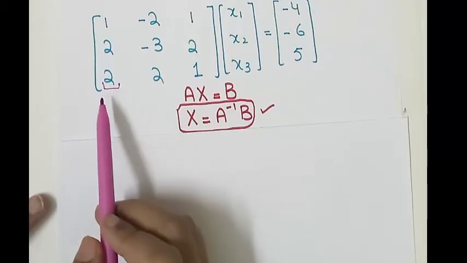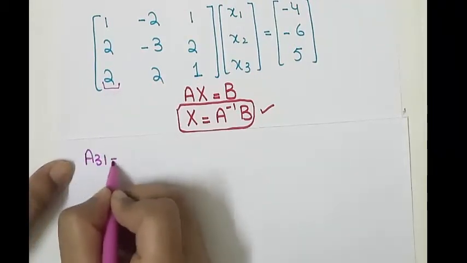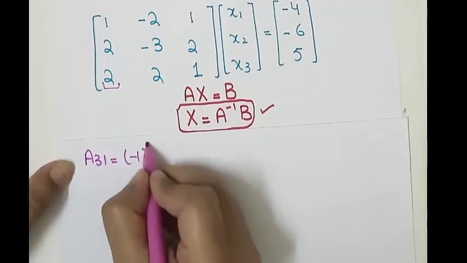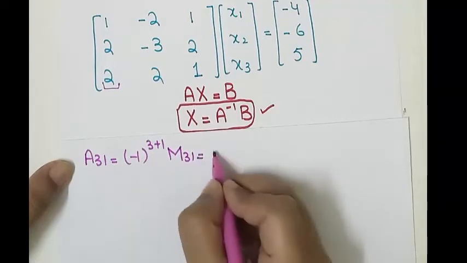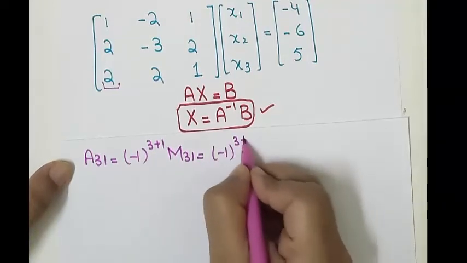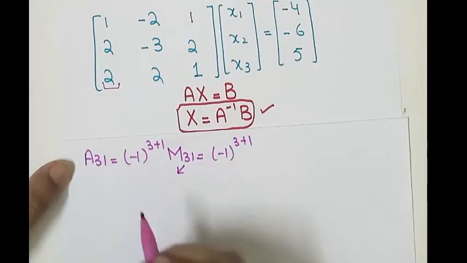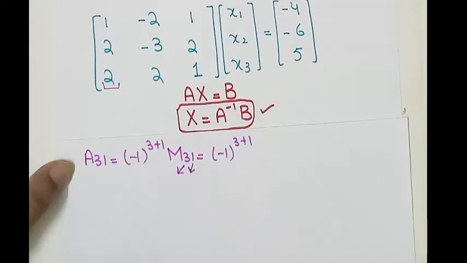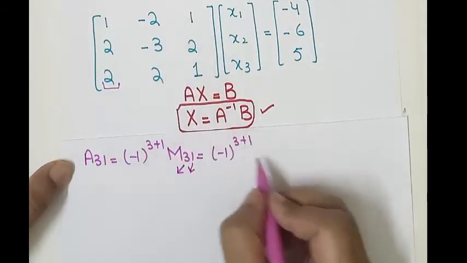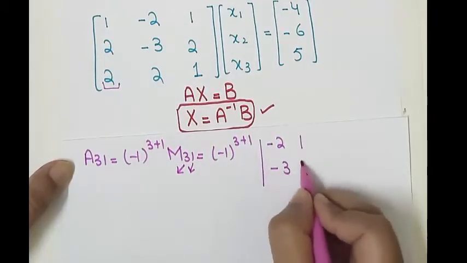Next we have to find the cofactor of this term A31, which is equal to minus 1 to the power 3 plus 1 times minor of 3, 1. Minor of 3, 1 means we will ignore third row and first column. So we have these 4 terms: minus 2, 1, minus 3 and 2.